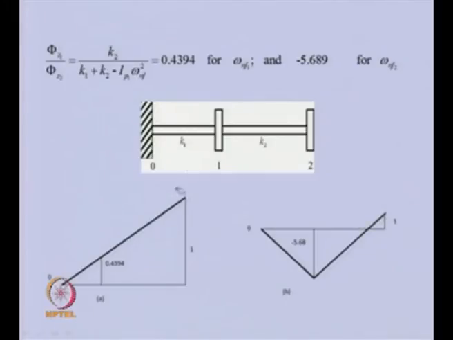So in the first mode, both the disks have same-phase motion, and in this case they have anti-phase motion. That means if this disk is rotating clockwise in torsional vibration, this will oscillate in the counterclockwise direction, and when the second is rotating clockwise, this will be anticlockwise.